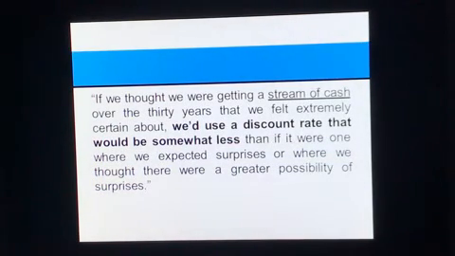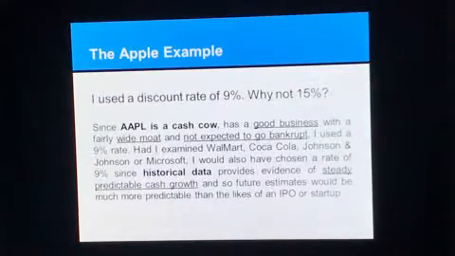So if we thought that we are getting a stream of cash over 30 years that we felt extremely certain about, we would use a discount rate that would be somewhat less than if it were one where we expected surprises, or where we thought there was a greater possibility of surprises.